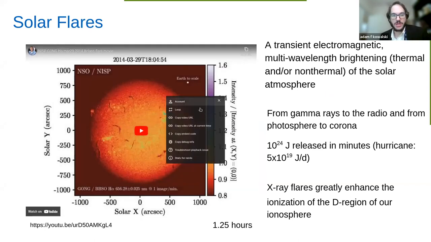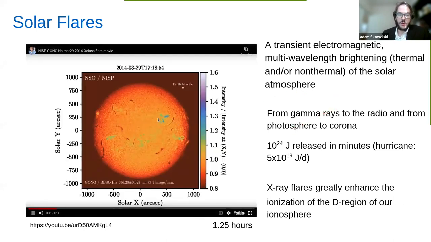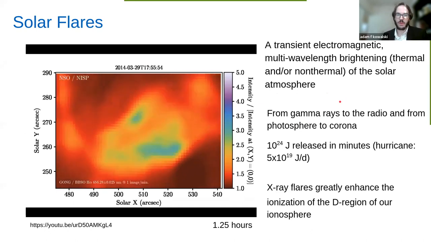So zooming out, I wanted to show a movie of an H-alpha solar flare from 2014. So the flare will happen around here, and then I will zoom in on it, and you'll see the 2 ribbons that form.